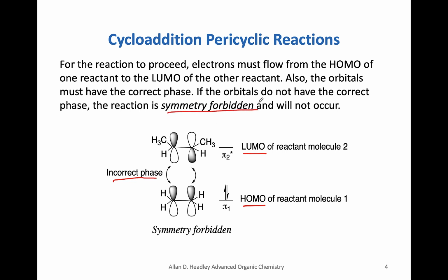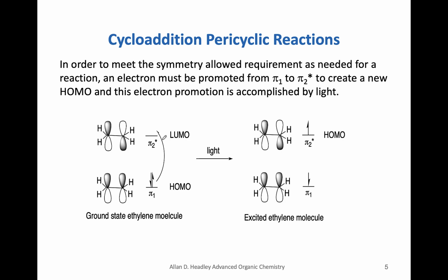That's another term that you'll see in your textbook. It is symmetry forbidden because the phasing here is incorrect. Now, how can we make it work? One aspect here is to look at one of the reactants and excite the electrons to go from the HOMO into the LUMO.